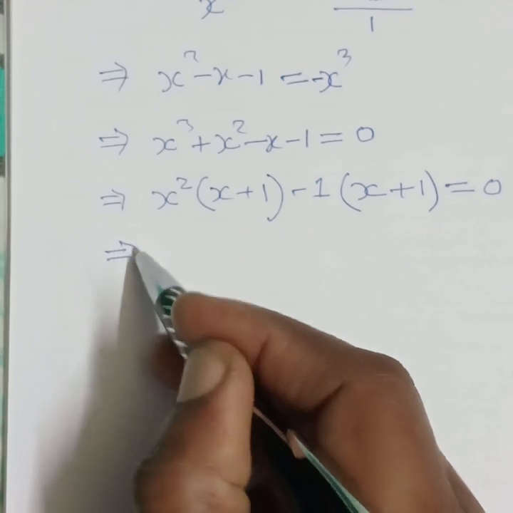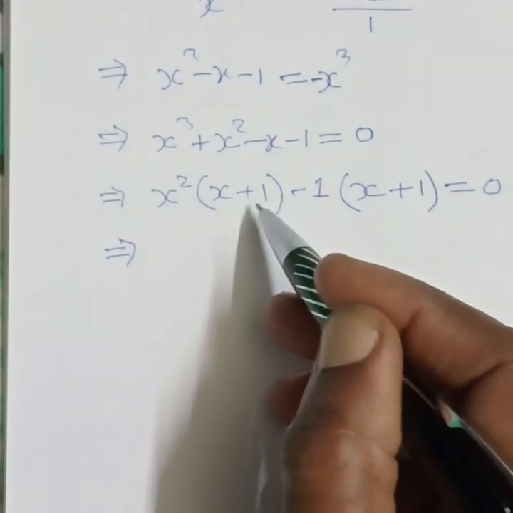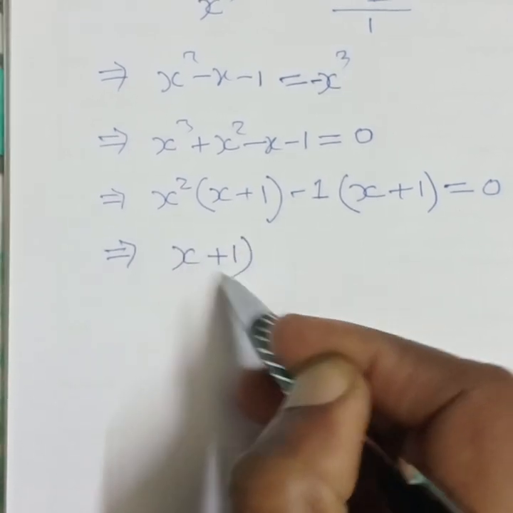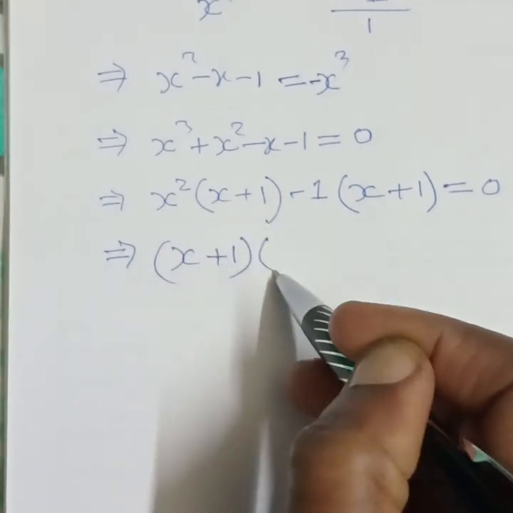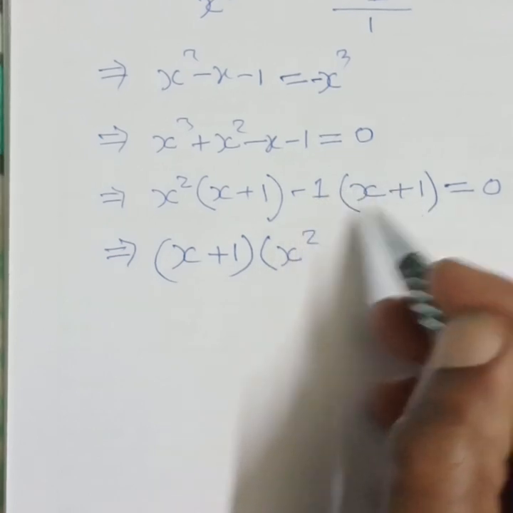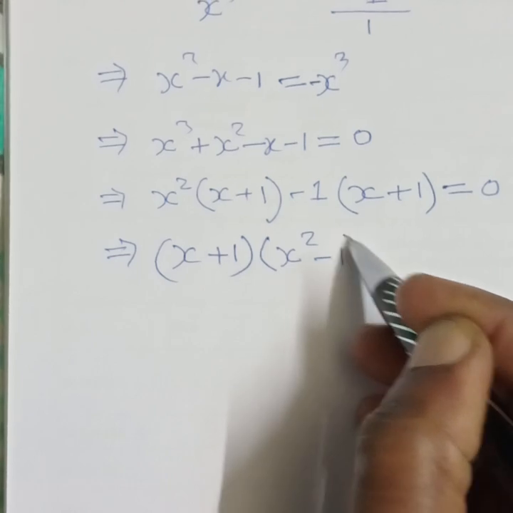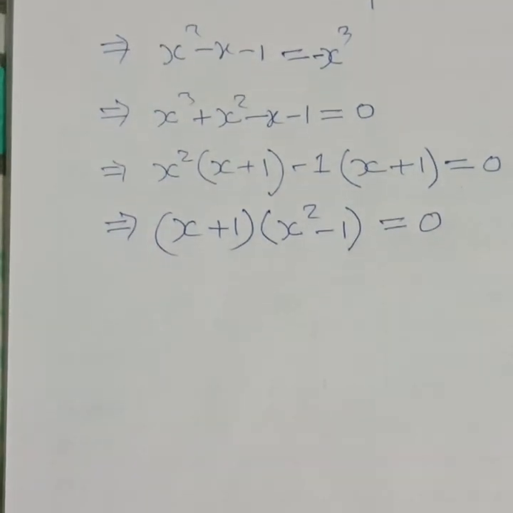Or from these two terms we take common x + 1. Then this divided by this is x², and this divided by this is −1, equal to 0.